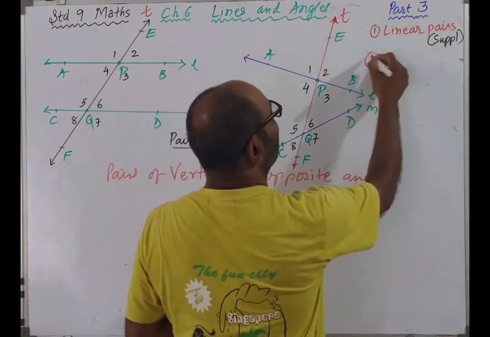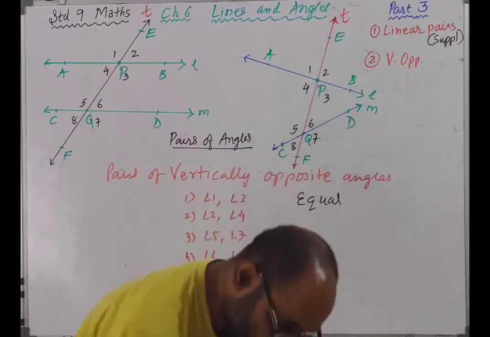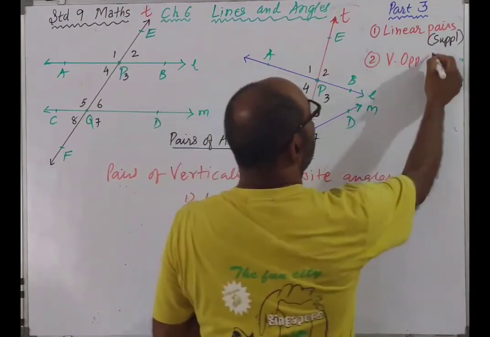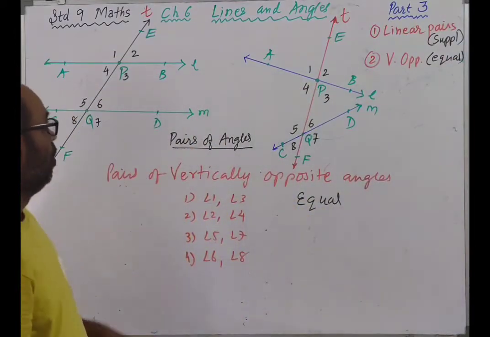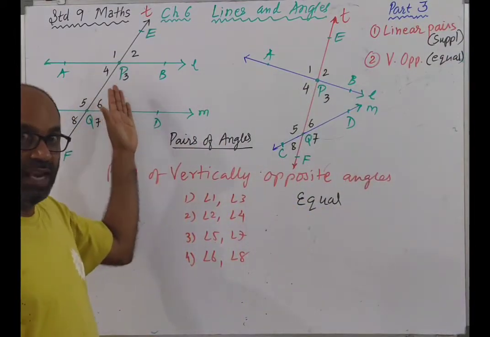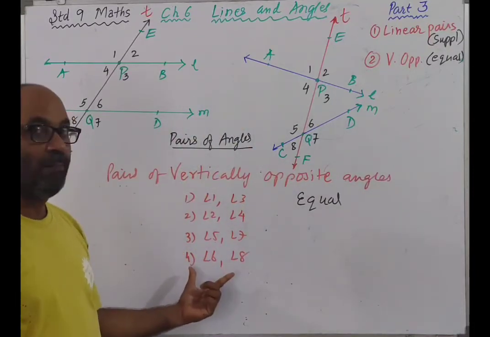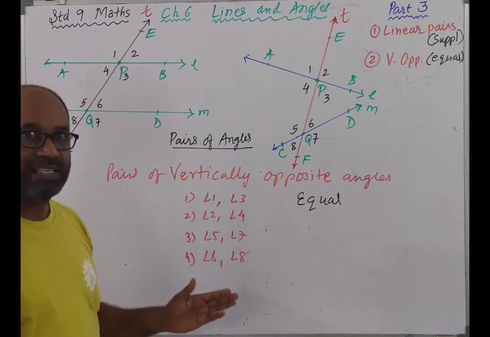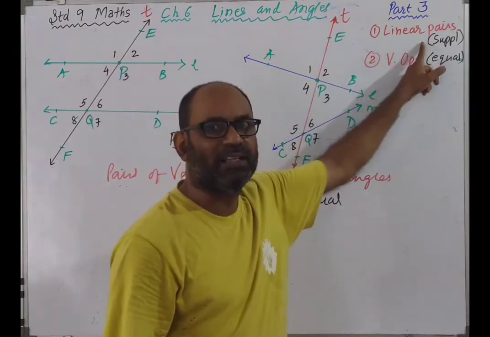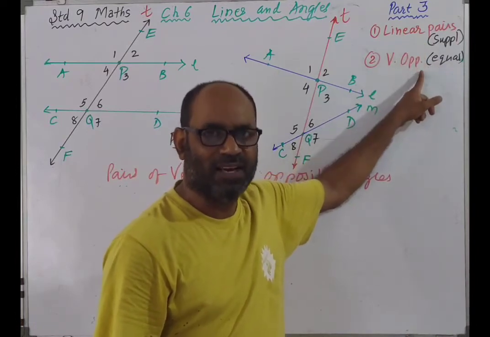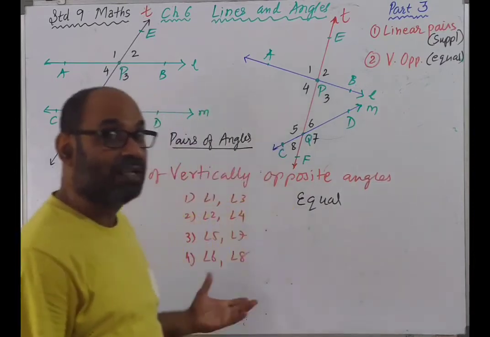So here we see the second pair of angles, vertically opposite angles, and they are always equal, whether the lines are parallel or intersecting. Pairs of vertically opposite angles which are formed are always equal. We are going to see those statements. Even the first one, supplementary, is a postulate. This one is a theorem. We are going to prove that later. But remember these results.